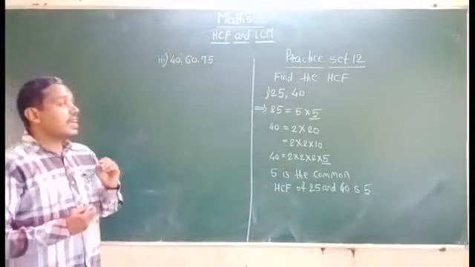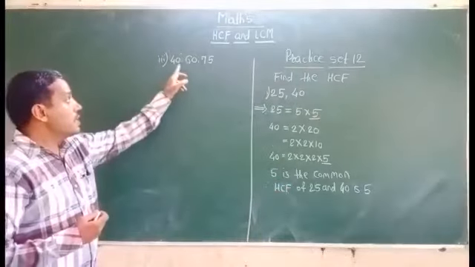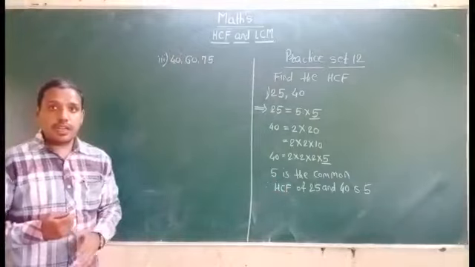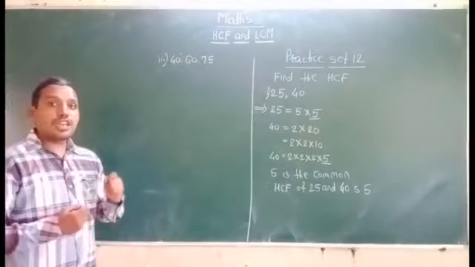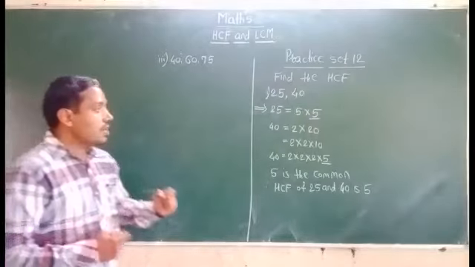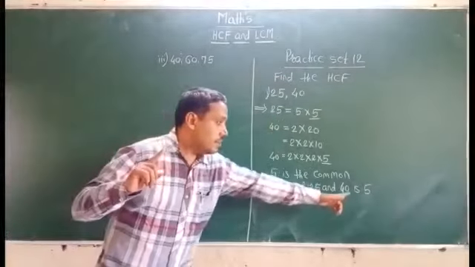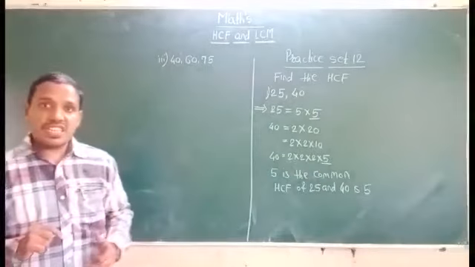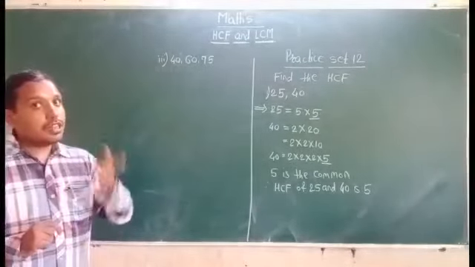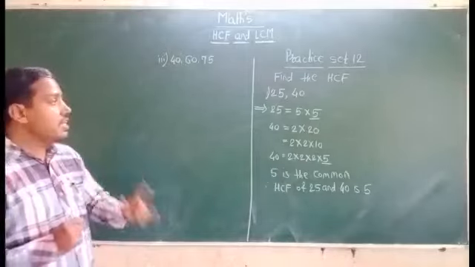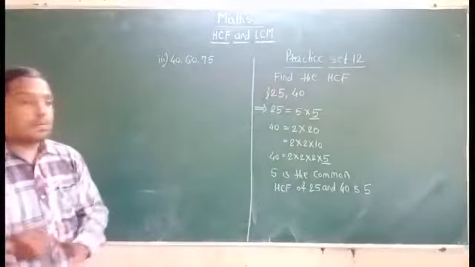That means we get the prime factors of 40, 60 and 75. In those prime factors, which one is common? If only one factor is common, then that number is the HCF. If more than one factor is common, then the product of those common factors is the HCF of the given numbers.